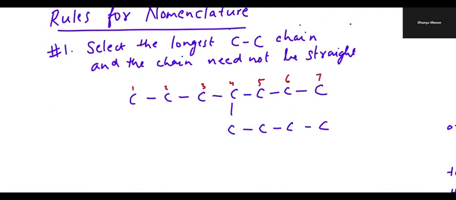Okay, so I can number like this, or I can also number it like this: 1, 2, 3, 4, 5, 6, 7, 8. Which of them is giving me the longest chain? 7 or 8? It is obviously 8. So we will not use this numbering. In fact, we will use this numbering where we get 8 carbon atoms. So this is the long chain.